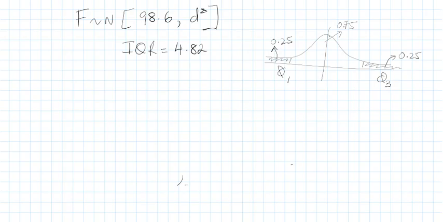So I've written it down. Interquartile range is the difference between these two. 4.82, right? Yeah. So interquartile range is upper quartile minus lower quartile.